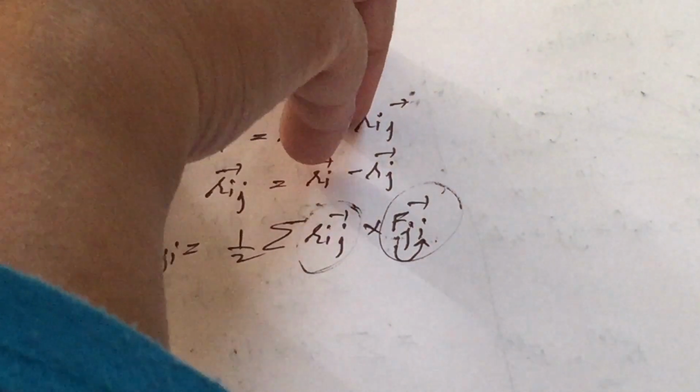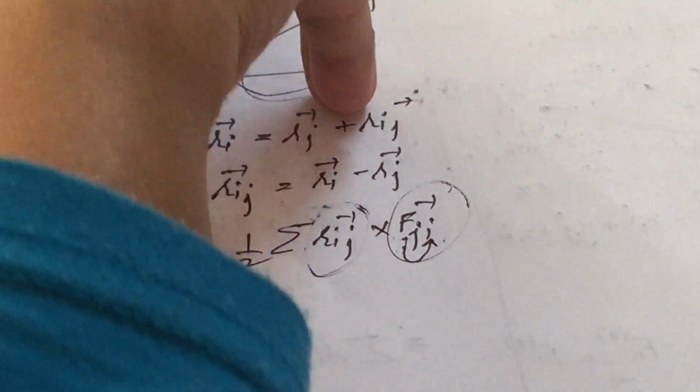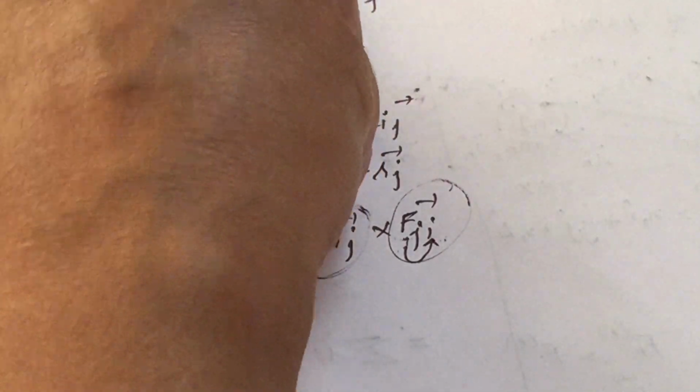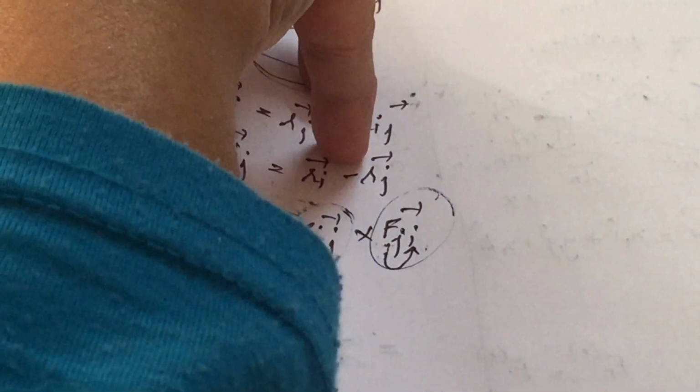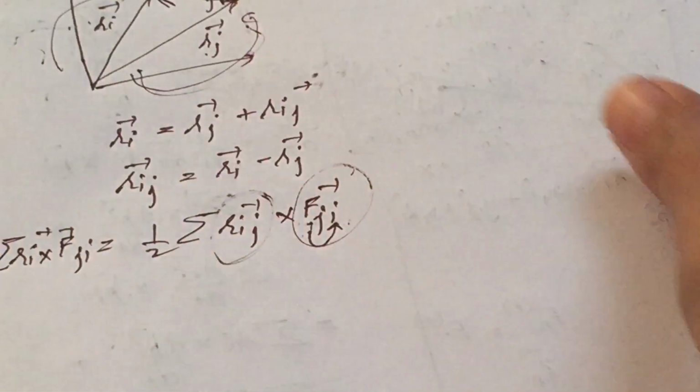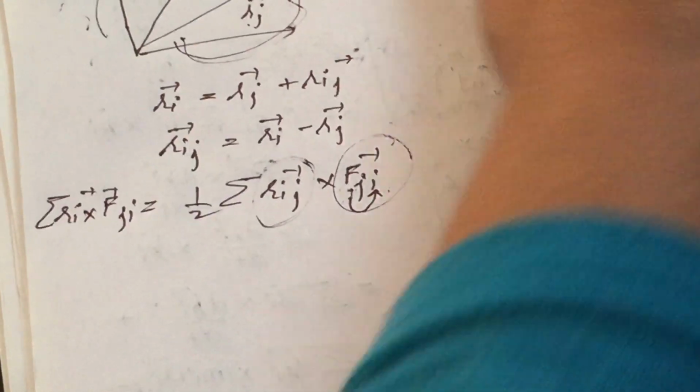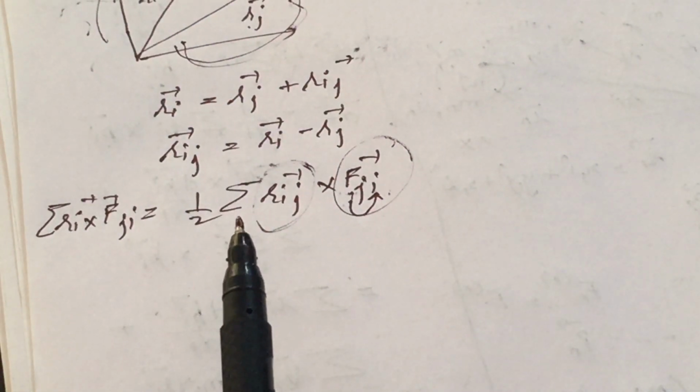Just consider it in your own words, whether you take fji as the force on the ith particle due to the jth particle or the force on the jth particle due to the ith particle.